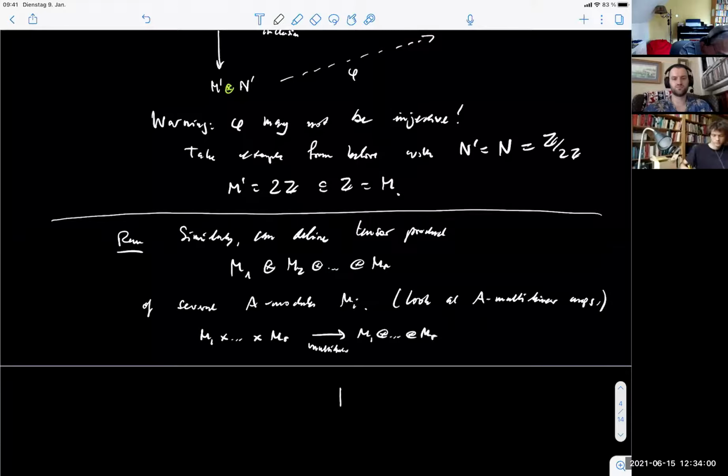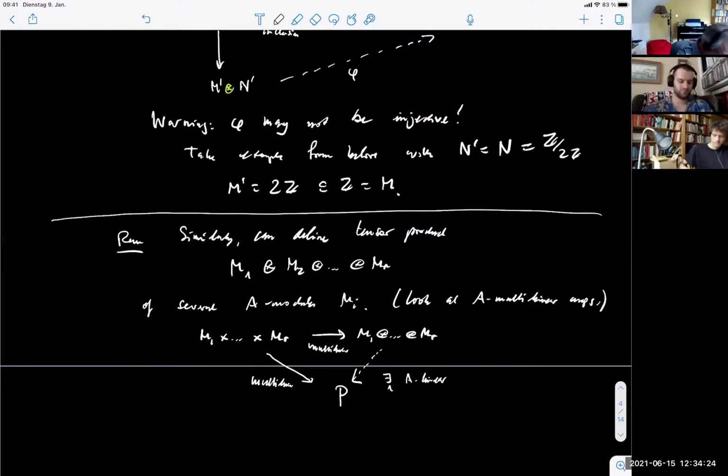And whenever somebody comes with an A-module and a multilinear map, there is a unique way, it goes the other way around, a unique way to factor by an A-linear map. Same existence, same uniqueness.